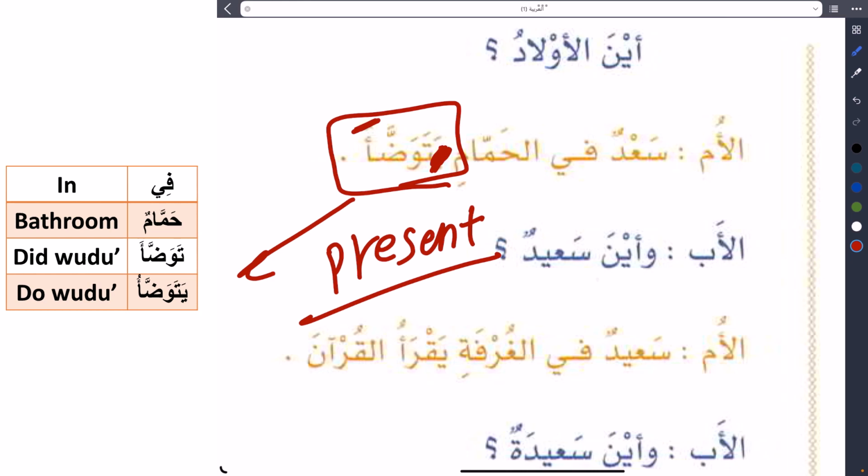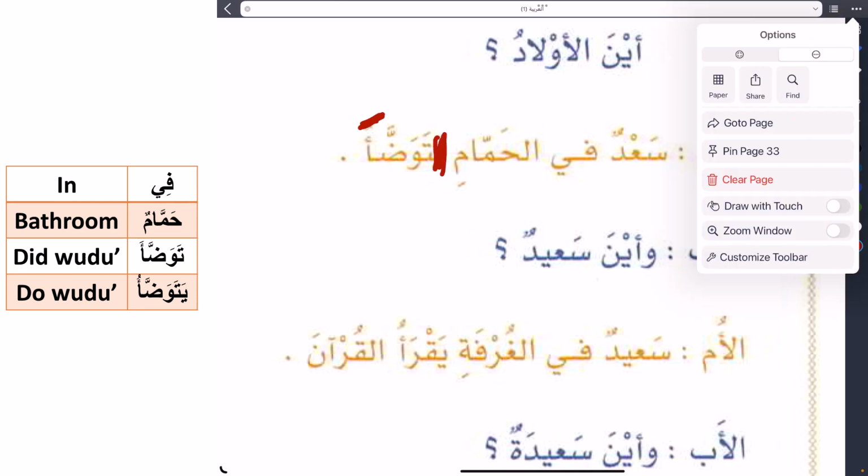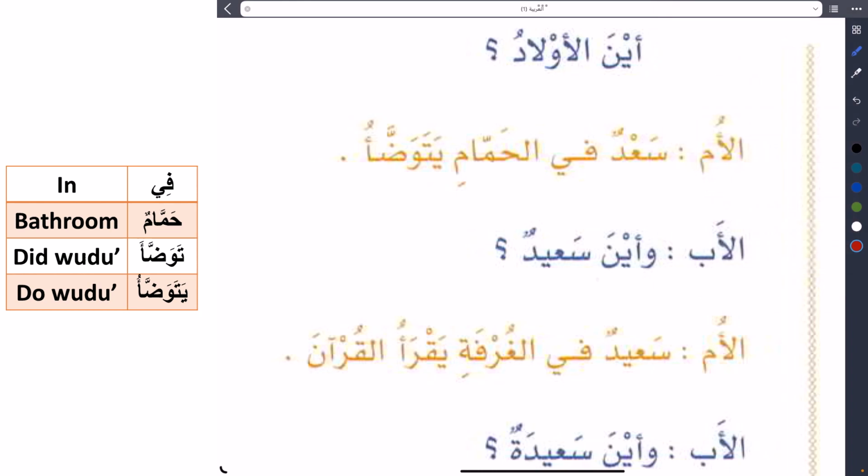I think that's easy. If you have any present verb, you remove the first letter and at the last letter you will see dhamma. The present normally has dhamma at the end. You change the dhamma at the end to fatha and remove the first letter. That means you now formed the past from the present.